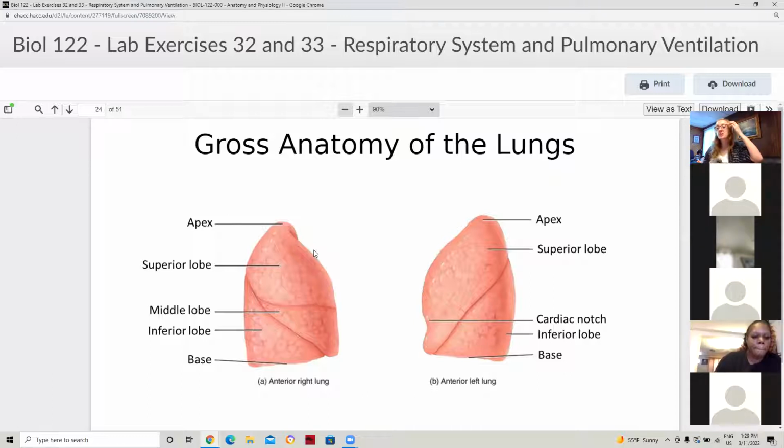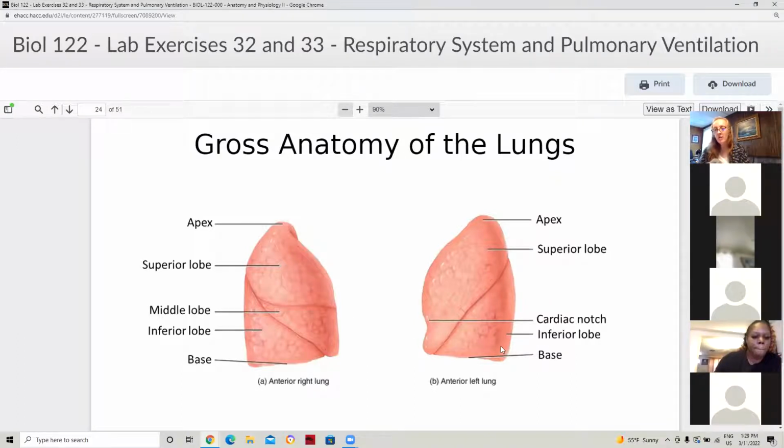All right, so let's come back to right here. Looking at the right and left lungs, the apex is the tip and the base is the bottom. The right lung has 3 lobes: the inferior lobe, the middle lobe, and the superior lobe.